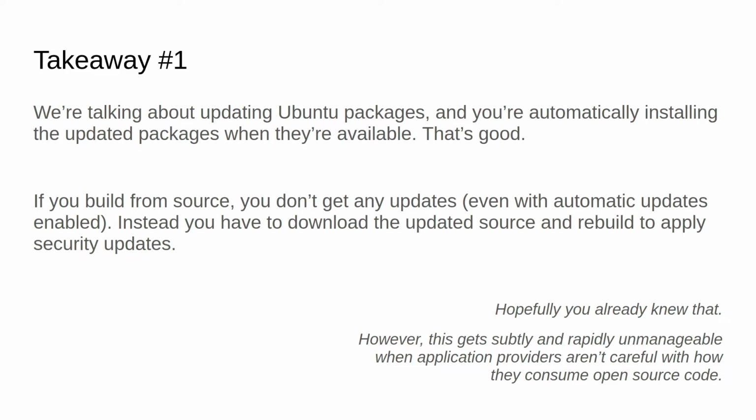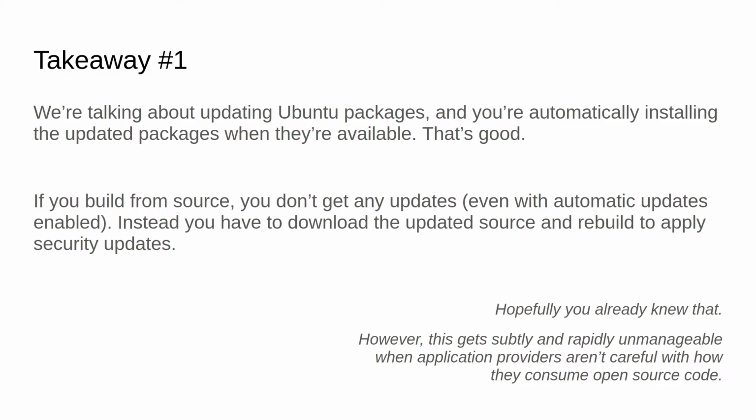But that may not work because you need the latest releases of the software, right? So if you're not using the Ubuntu standard distributions and updates, if you're building from source, then you're not going to get the updates that we're talking about. We're not going to get the patches that I'm talking about, right?